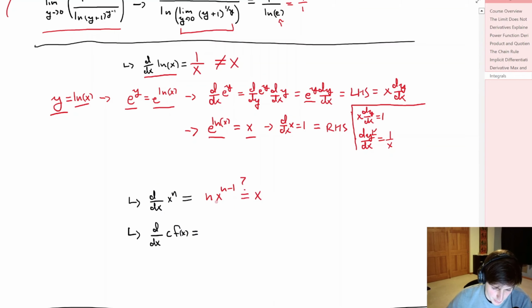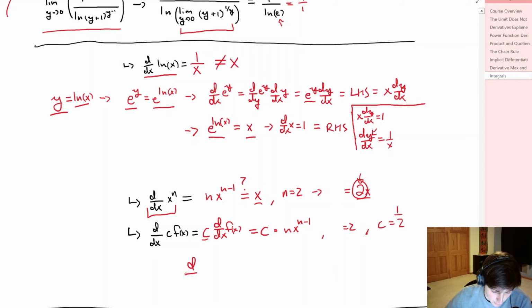But we know that the derivative of a constant times some function is going to be equal to the constant times the derivative of that function. And if we check this out, the derivative of 1/2 x squared is equal to x. So if we go all the way back above, we can say that this integral that we were originally investigating is equal to 1/2 x squared evaluated at b and a.